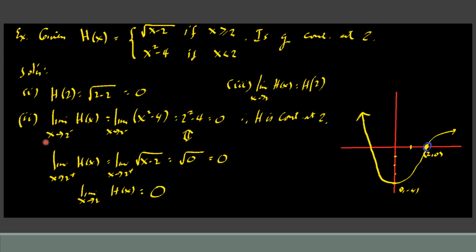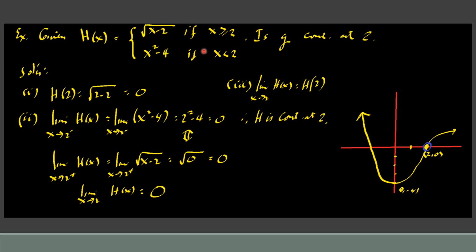So, as x approaches 2 from the left, meaning x is less than 2, we will consider x squared minus 4. So, we evaluate the limit of x squared minus 4 as x approaches 2 from the left, which is equal to 0. Then we evaluate the right-hand limit as x approaches 2, meaning x is greater than 2.